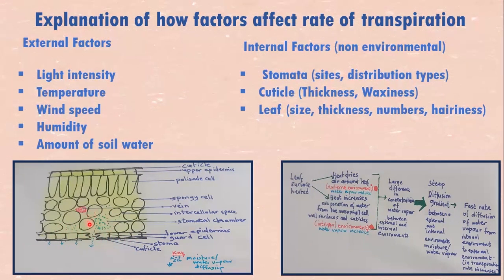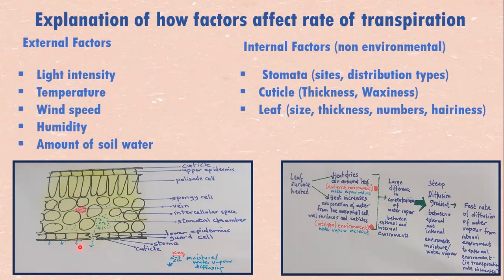So the difference between the concentration of water vapor inside in the internal environment and the external environment will be big, and so a steep diffusion gradient is formed between the two, and so fast rate of diffusion, and that is transpiration. The same will be used to explain humidity.